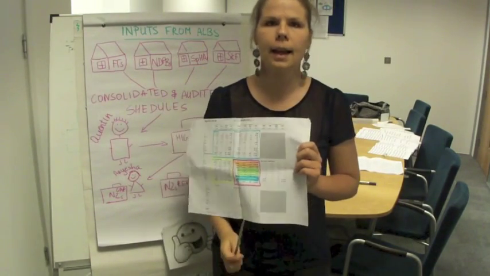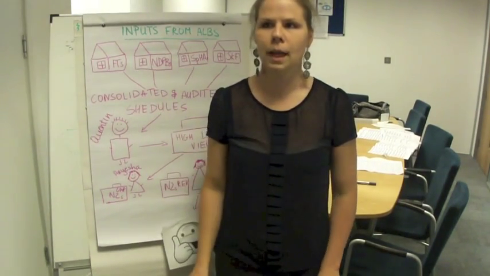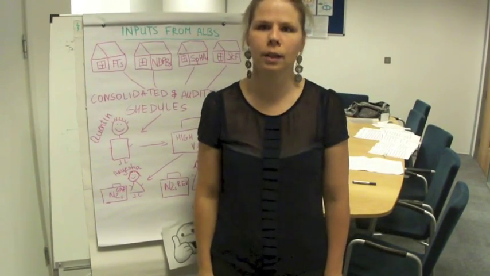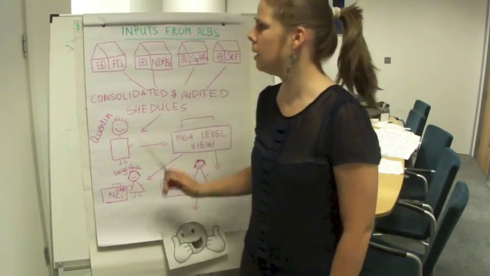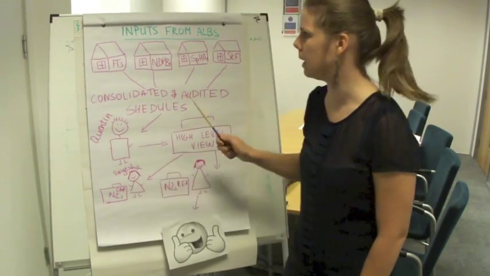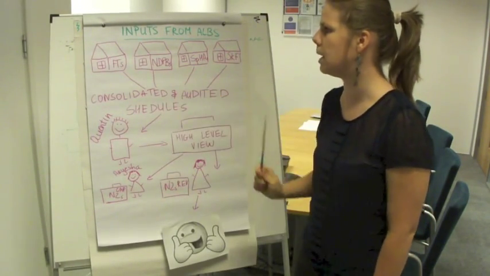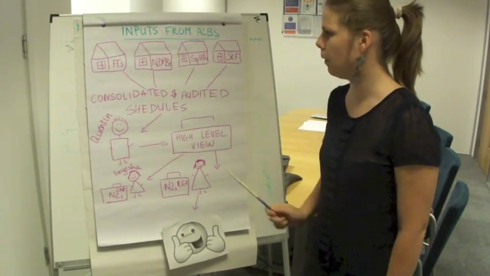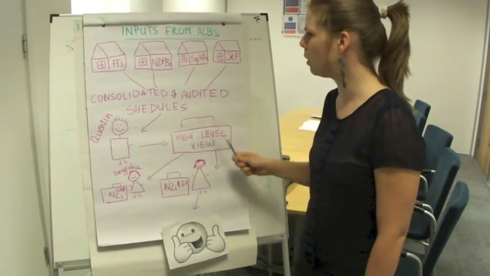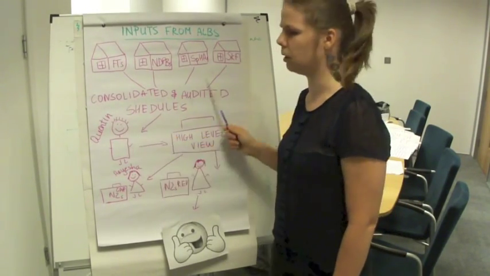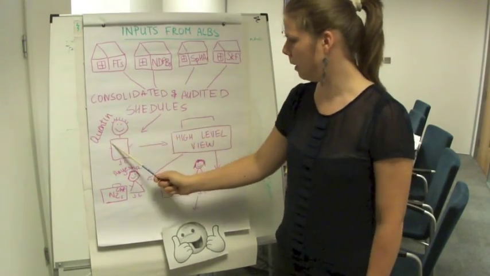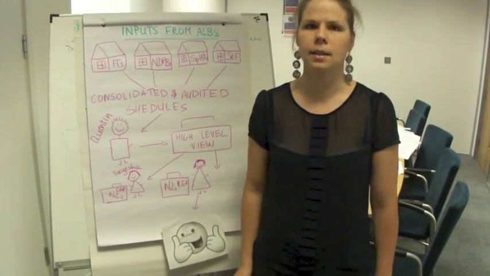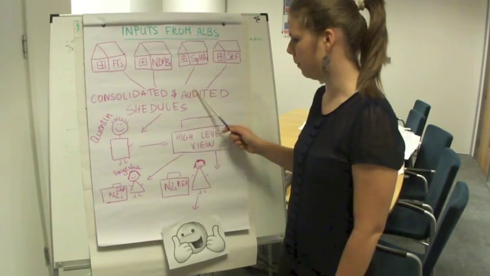I get the ALV summary file, also known as high-level review, from Quentin, which is a summary of the ALV audited consolidated schedules. So how this all happens is, we have inputs from ALVs, so FTs, NDPDs, specials, and Skipton Fund submitting their consolidated and audited schedules, which Quentin then converts to the high-level view, which is, as I just said, a summary of those schedules.